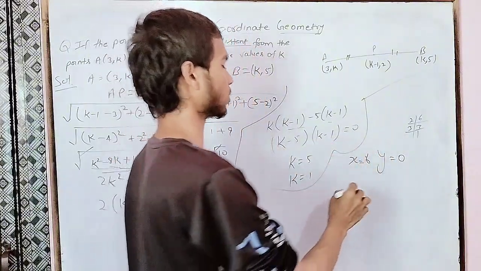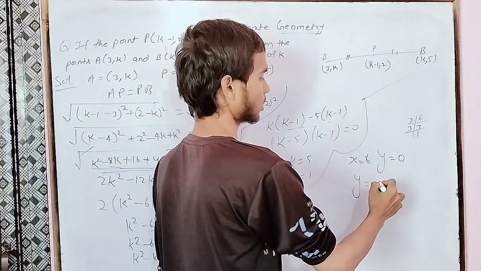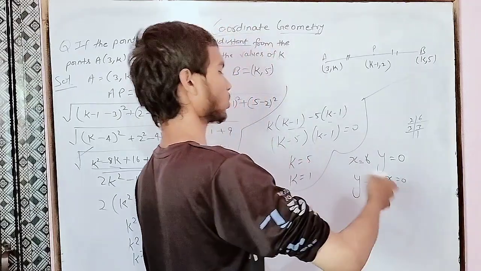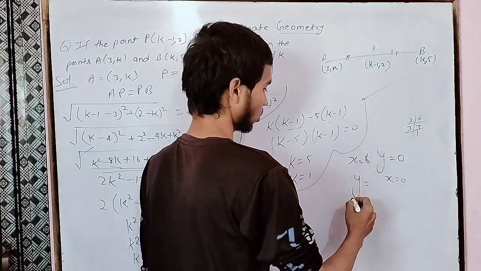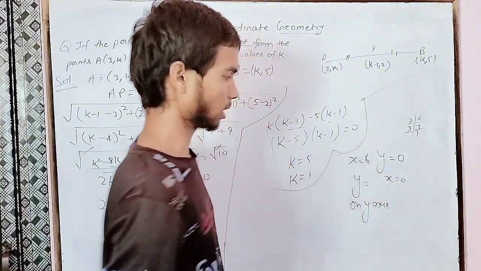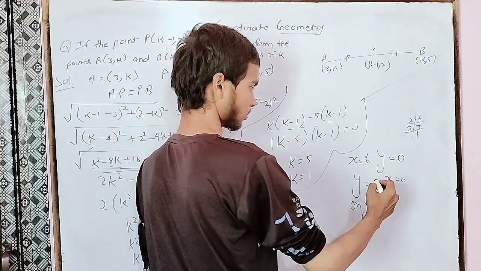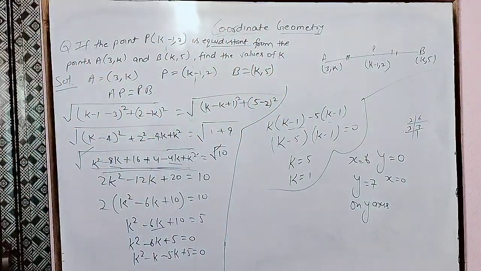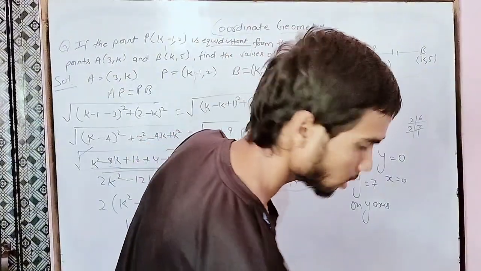Then y will become 0. If y is something, then x will become 0. Y is something on y-axis. This is the matter. Okay. So from some questions based on this, I am taking.